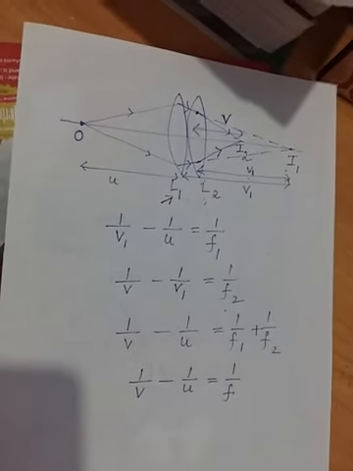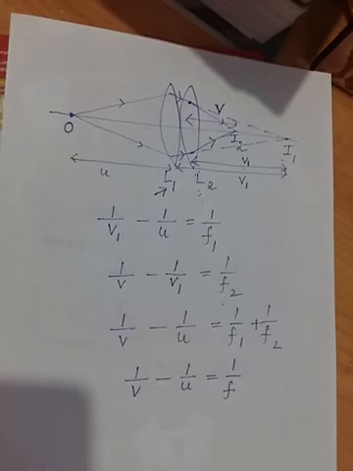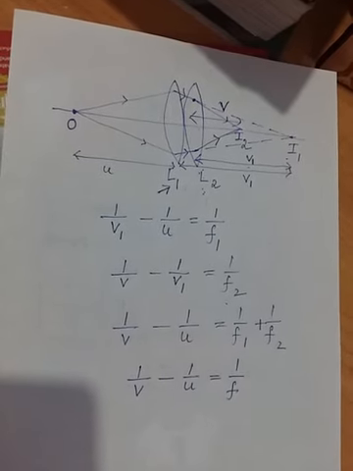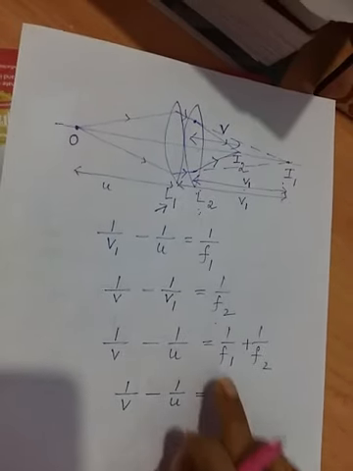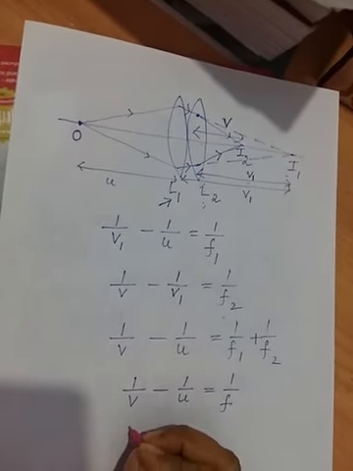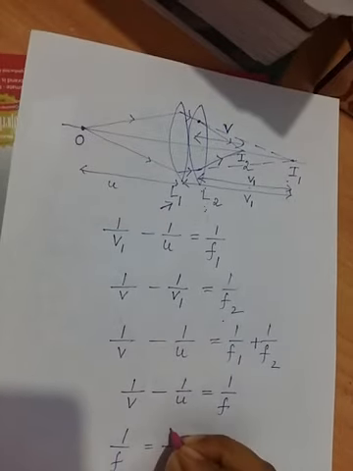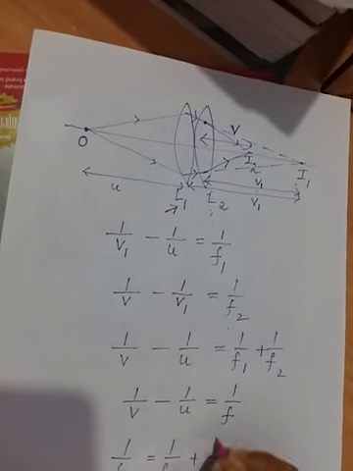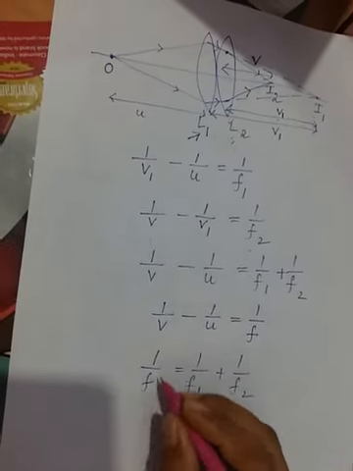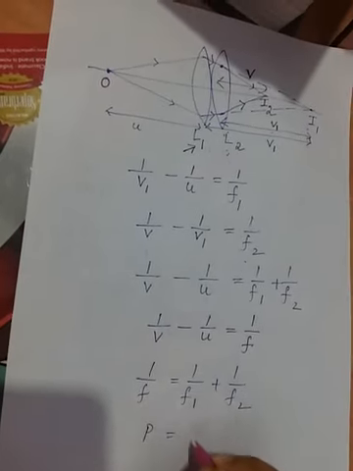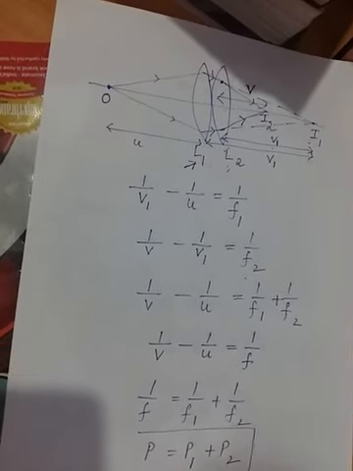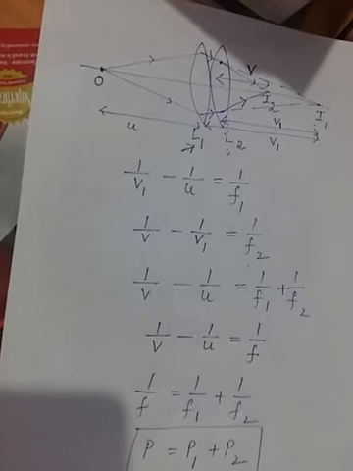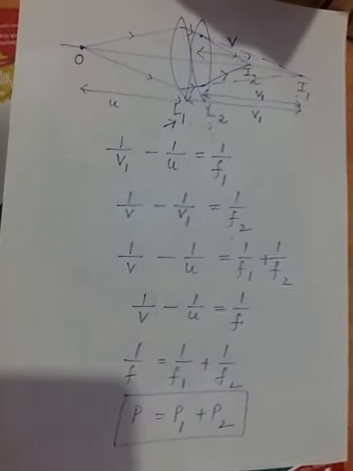If we compare these two equations, then we have 1 by f equals 1 by f1 plus 1 by f2. And if we take 1 by f as the power, then P equals P1 plus P2, which is the formula for power in case of a combination of two lenses.